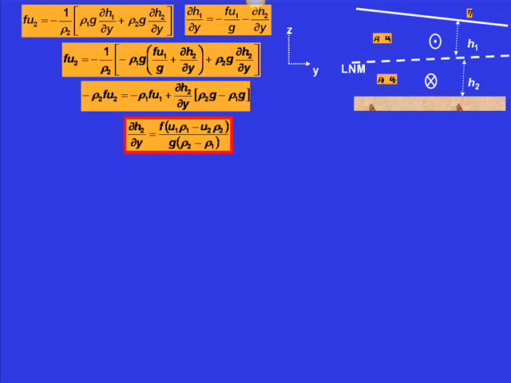You can see that the slope of the level of no motion is a function of mainly 4 variables. Which are they? The flow in the upper layer, the density of the upper layer, the flow in the lower layer, and the density of the lower layer. So how much is that interface going to tilt? It depends on the strength of the flow in the upper layer and the flow in the lower layer, and the density of the upper layer with respect to the lower layer.